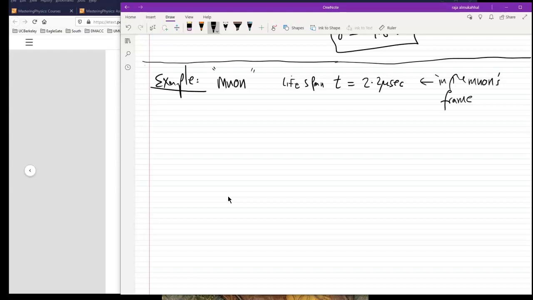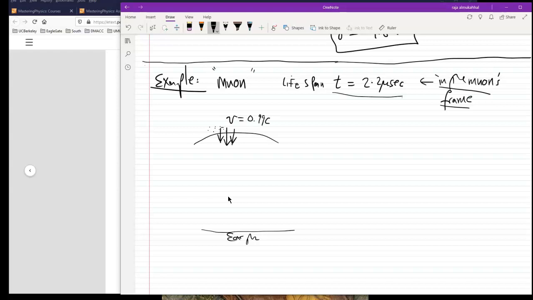Now, here is the upper atmosphere right here. Here is the Earth right there. That's the surface of the Earth. So they are formed here, and then they shoot toward the Earth like that. They live for this time period in the muon's rest frame, and they go toward the Earth at a speed of 0.99c, 99% the speed of light.